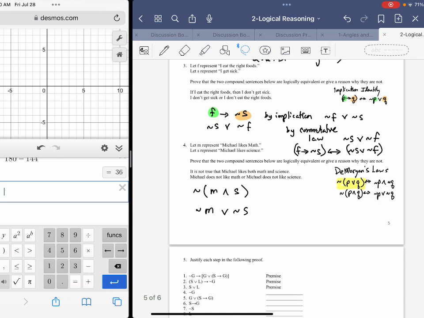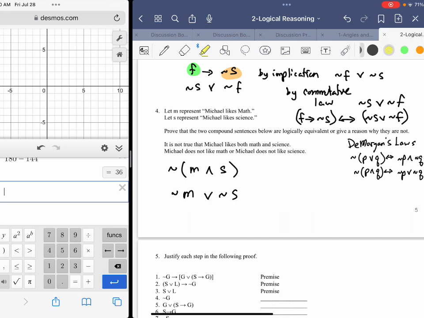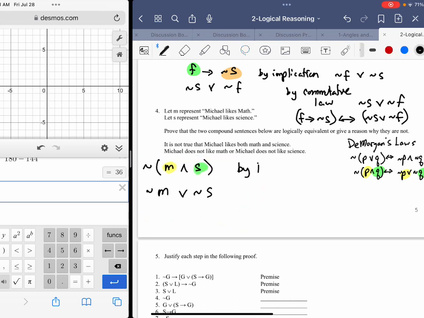The second variation of it, I'm going to replace the P with an M and the Q with an S. So each P gets replaced with an M. So by De Morgan, we would say not (M and S) would be equal to not M or not S. I mean, we sort of treat it the same way, but the proper logical notation is the biconditional.